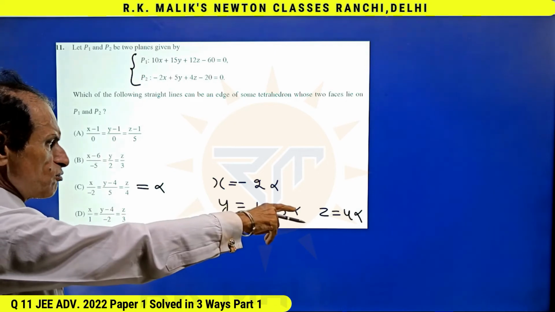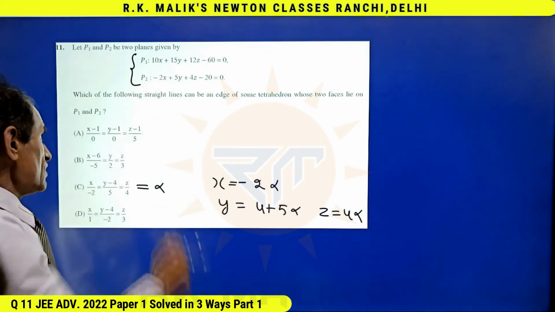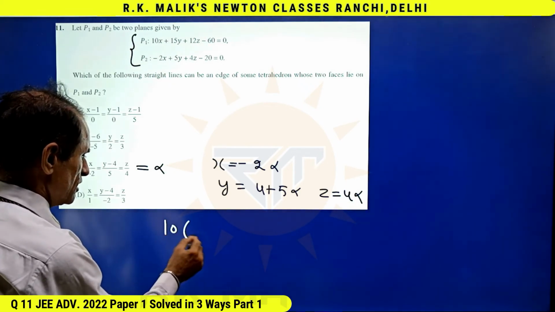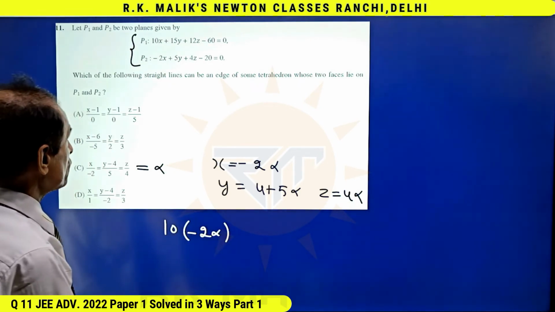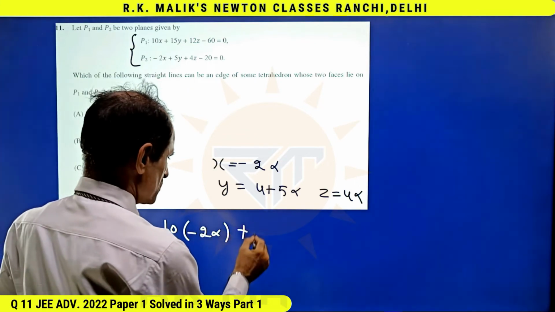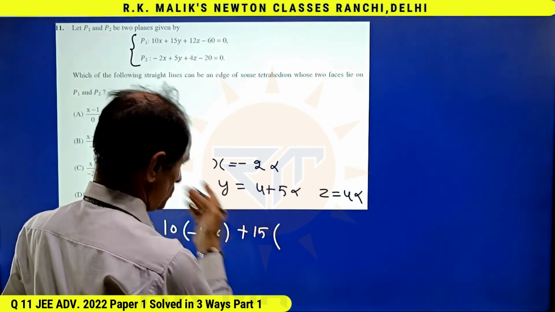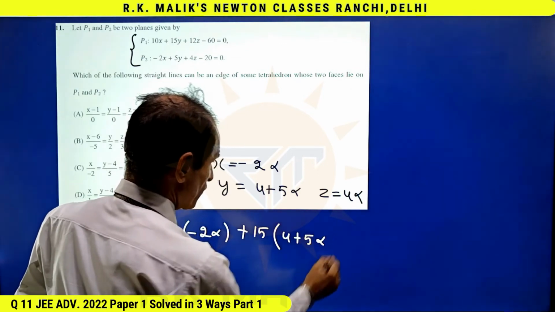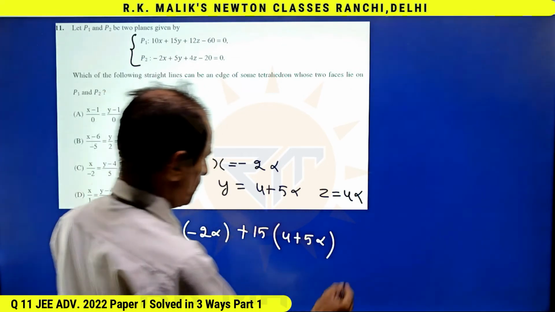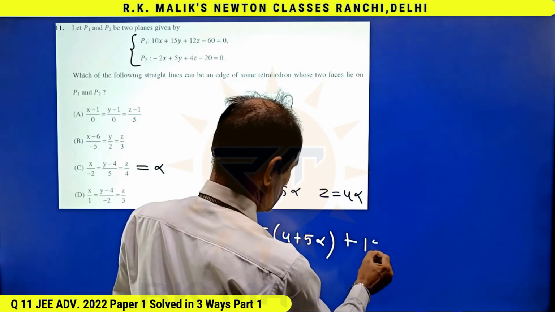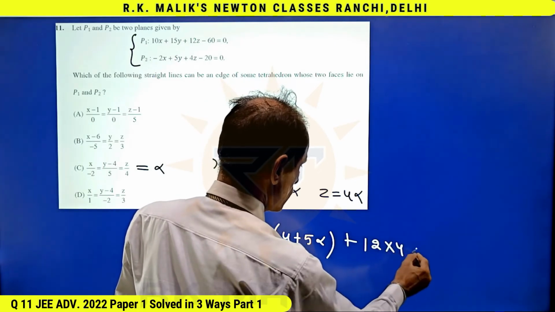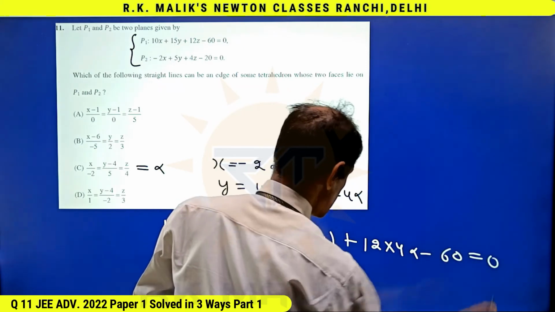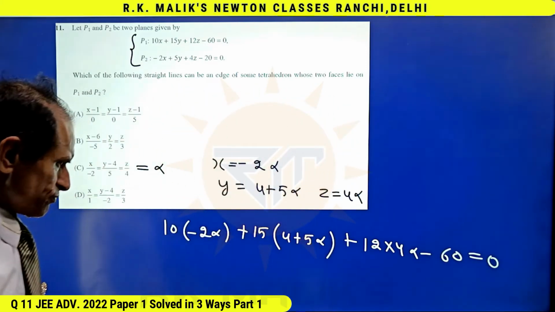Putting this point in this plane, I will get 10 into minus 2 alpha plus 15 into (4 plus 5 alpha) plus 12 into 4 alpha minus 60 equal to 0.